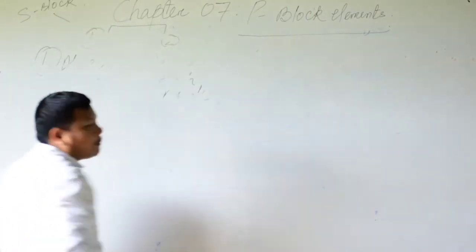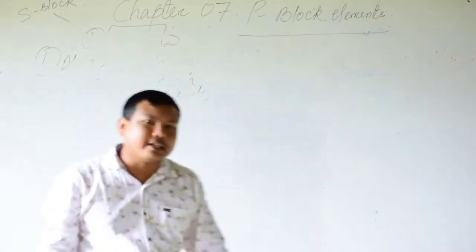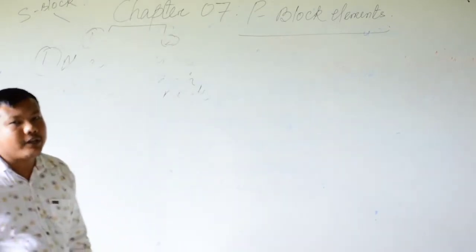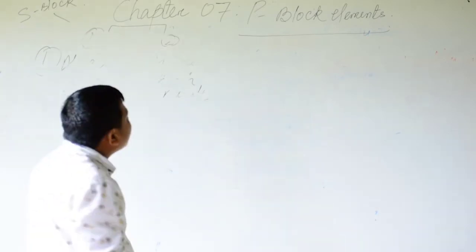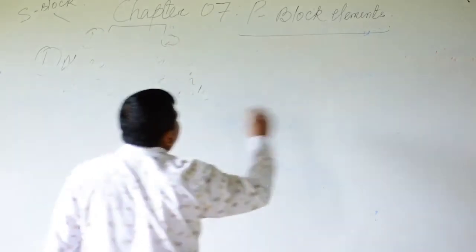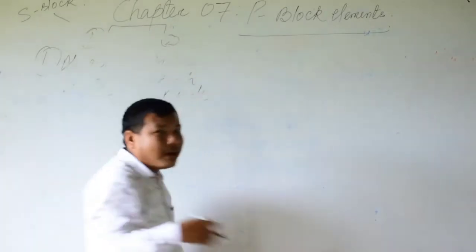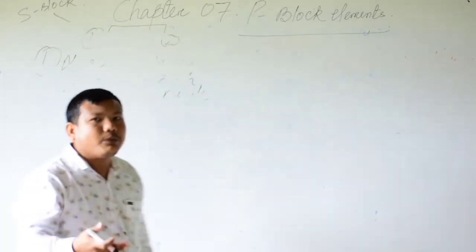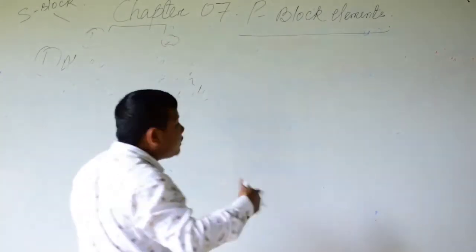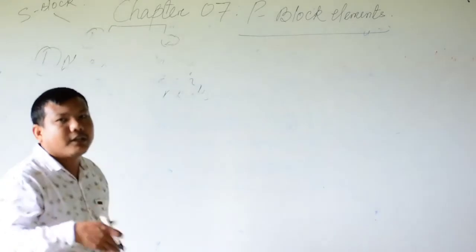As we know, P block elements are situated on the right side of the periodic table chart. I'm going to make it in a very simple way, so you don't have to memorize it. There is a certain way to learn the P block elements, but I'm going to tell you the easy tips to learn the periodic table.